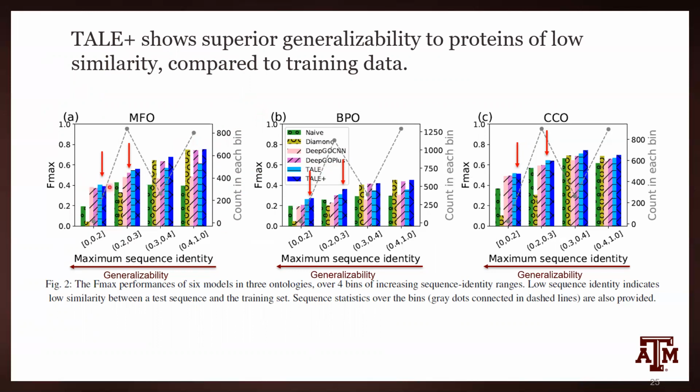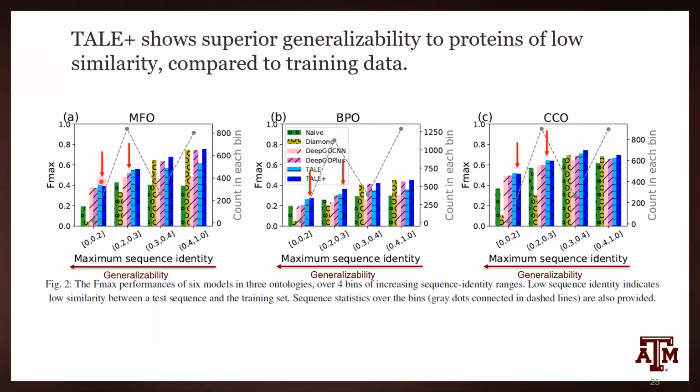The bar here is actually the value of Fmax of different methods on each bin. And also we give the count on each bin in this gray dot. The figure from left to right is on molecular function, biological process, and cellular component.